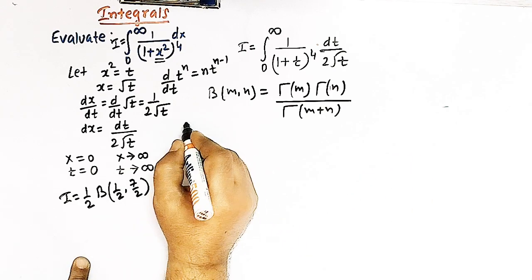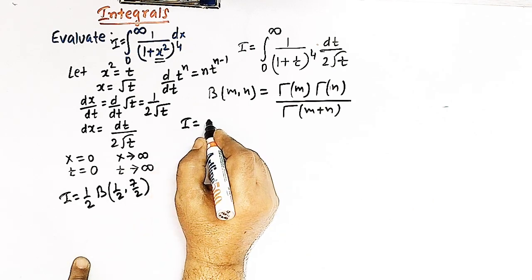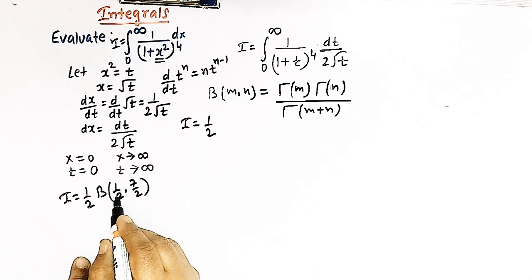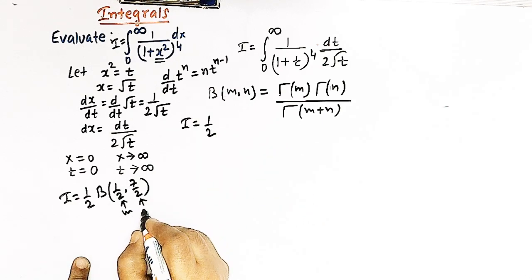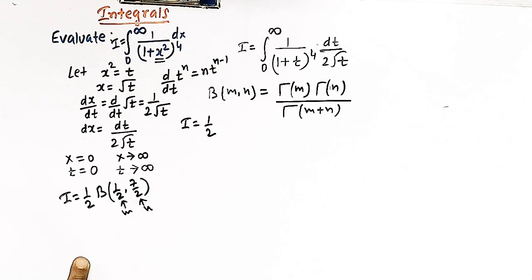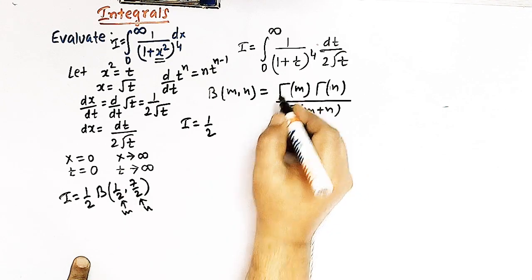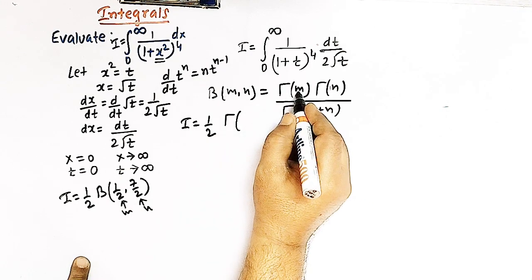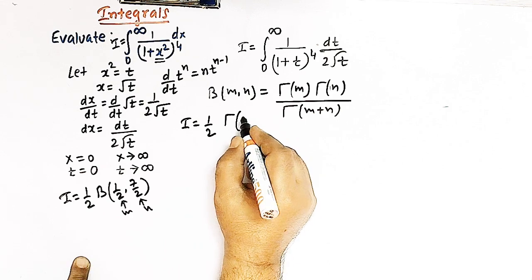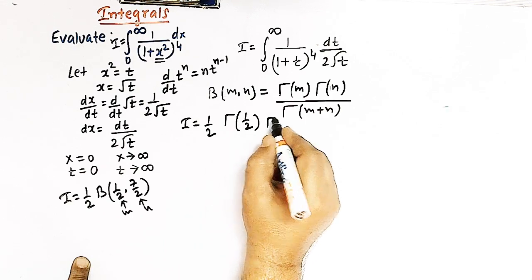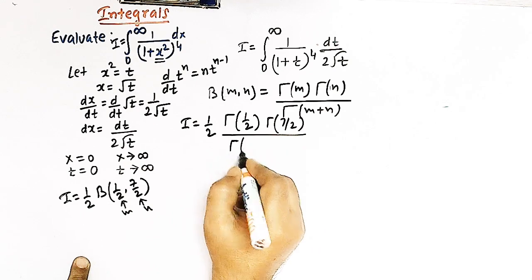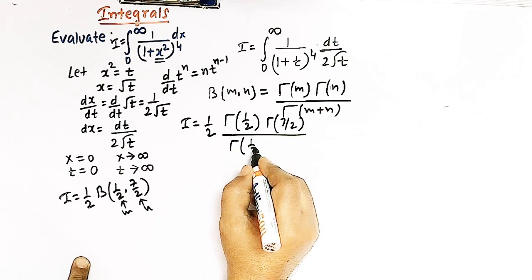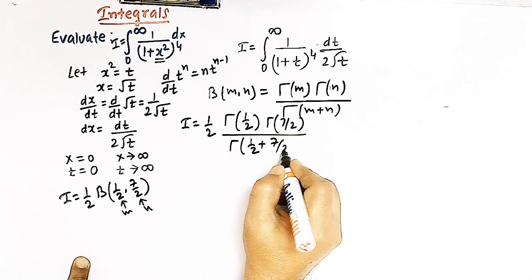So here we have the integral I, and we have half, and the value of m is half, and the value of n is 7 over 2. So we have gamma of m, that is gamma half, then gamma 7 over 2 divided by gamma of m plus n, that is half plus 7 over 2.